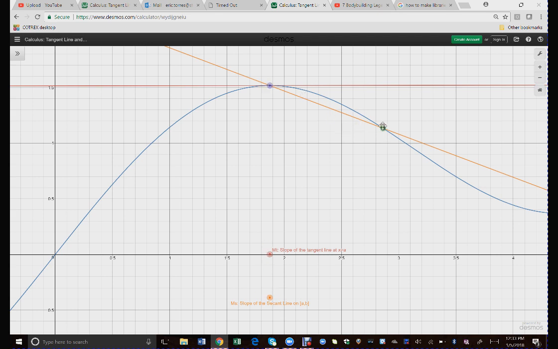It's below the x-axis. So as my points get closer and closer, the slope of my secant line gets closer and closer to the slope of my tangent line. It's approaching the slope of the tangent line. So then I can say the limit must exist.